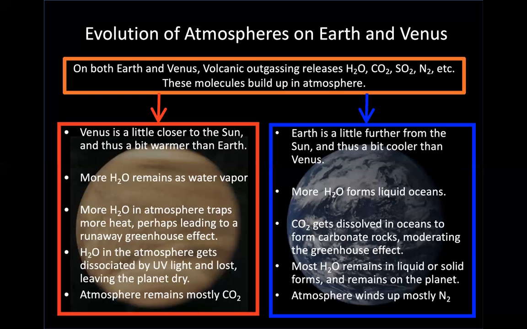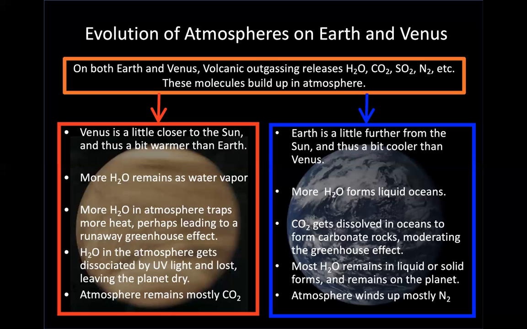What that means is Venus is a bit hotter than Earth. Why does that matter? Well, if they have water, since it's hotter on Venus, it starts to get more humid. More of the water can be in the vapor phase as opposed to the liquid phase.